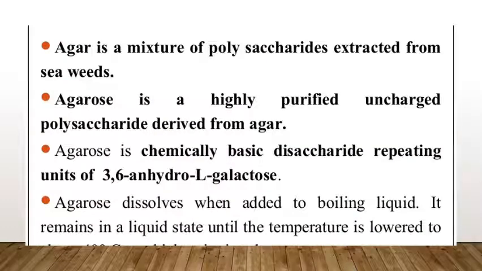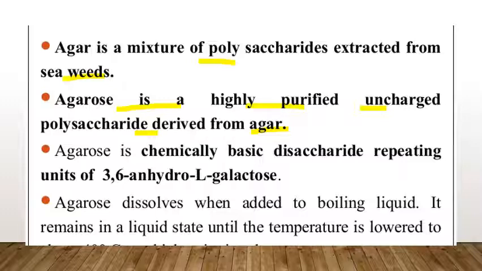The agar is a mixture of polysaccharides extracted from the seaweeds. So agarose is a highly purified, uncharged polysaccharide derived from the agar. So agarose is prepared from the agar, which is a mixture of polysaccharides extracted from the seaweeds.